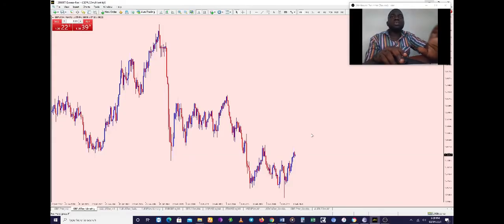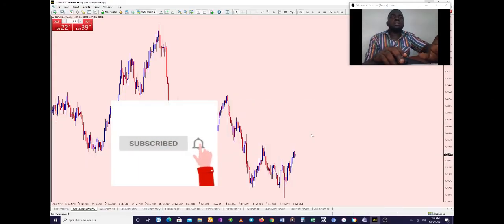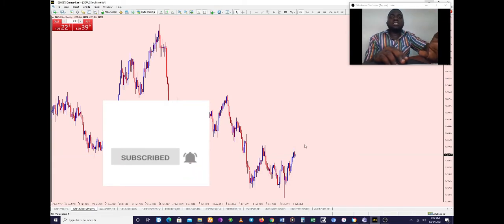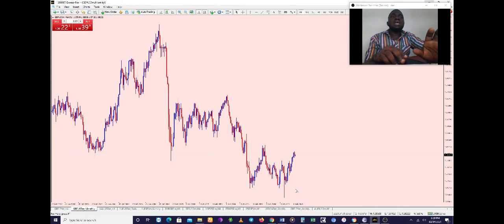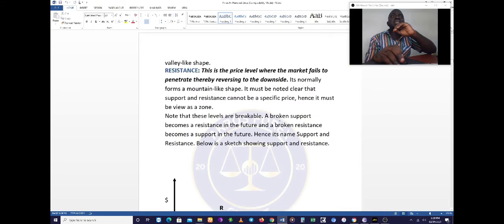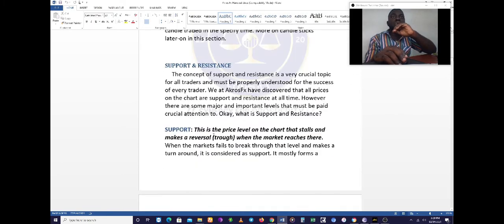I'm using GBP USD. Alright, so I said support and resistance is basically a level in the price in the market where it stalls and makes a turnaround. If it is a support, it's the price level on the chart that stalls and makes a reversal when the market reaches there.